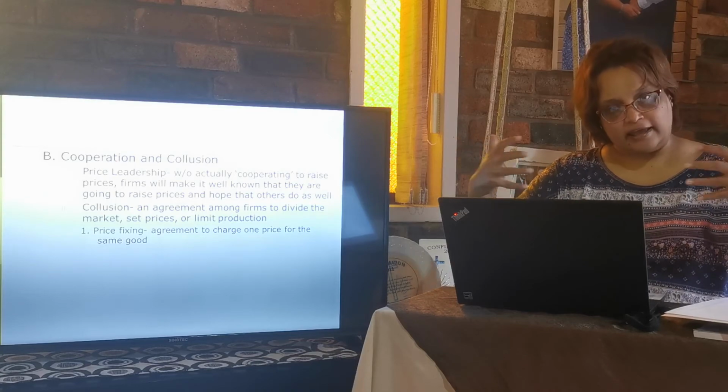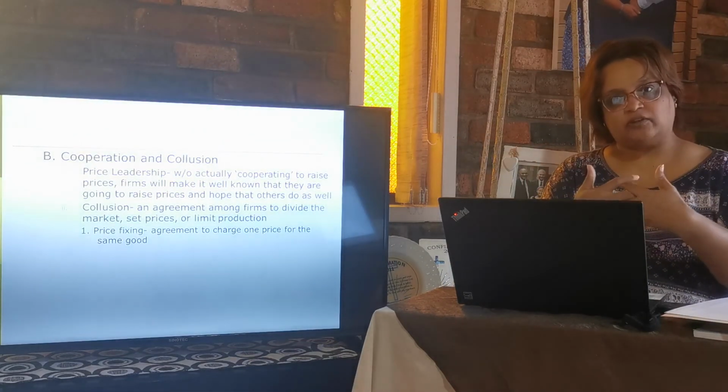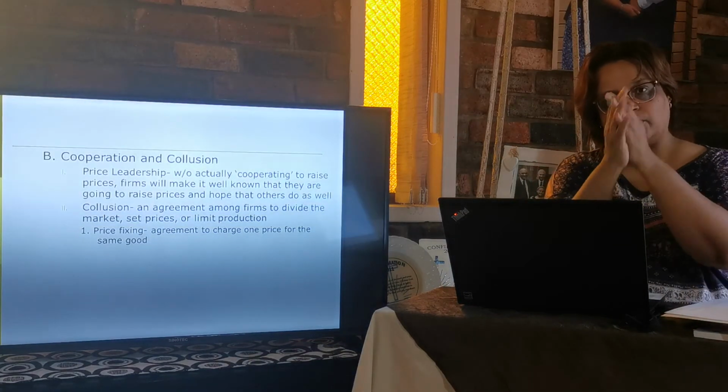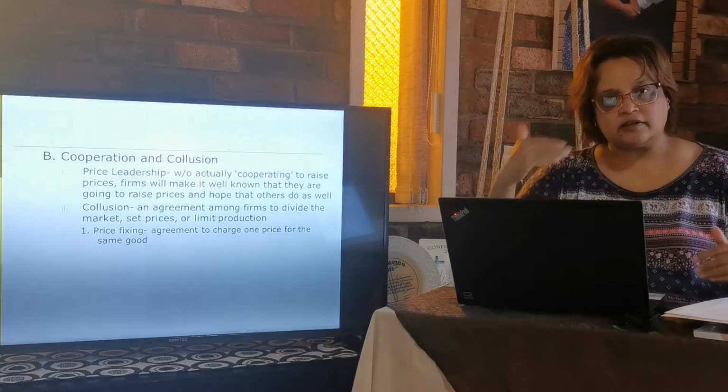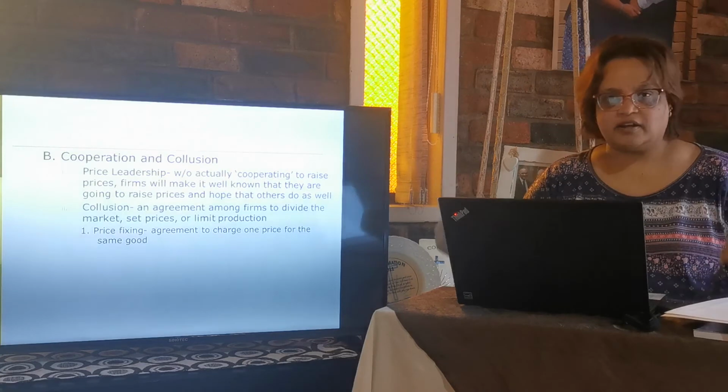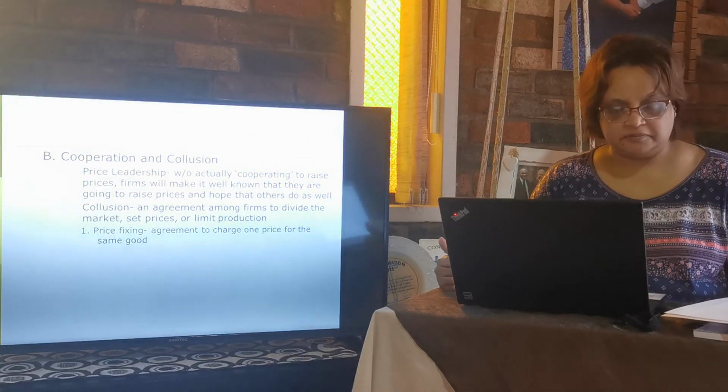So these farmers would get together and fix the price and say, listen, we are willing to pay, as this district or farmers, X amount of money for your fertilizer, for your farming implements, etc.